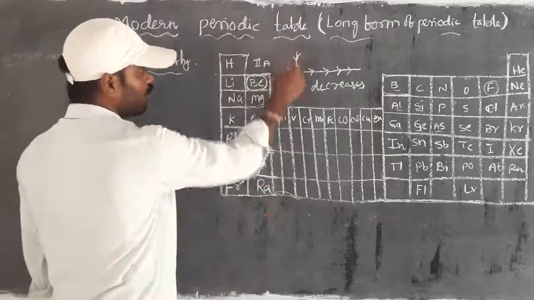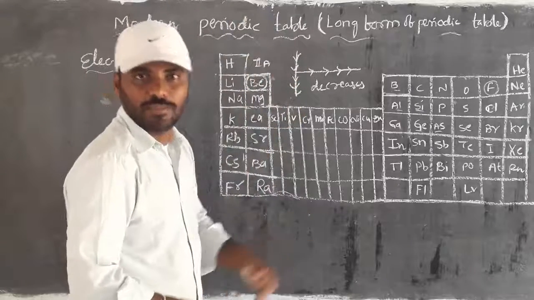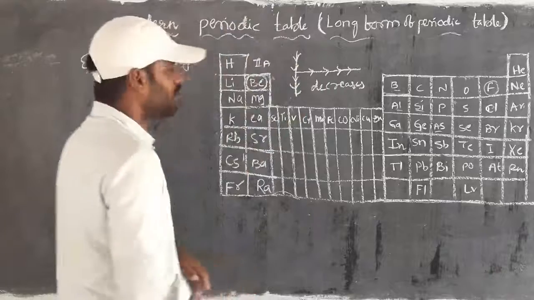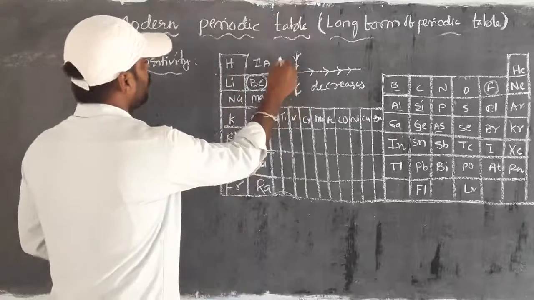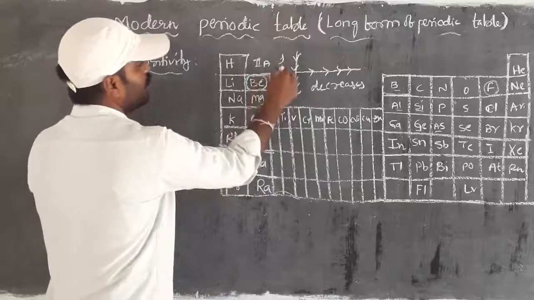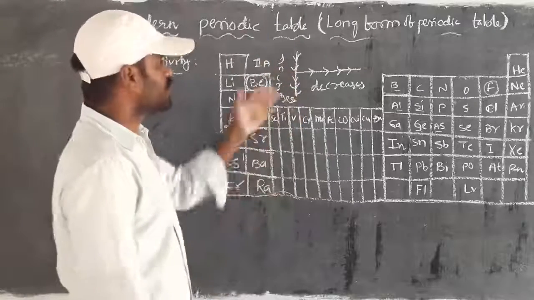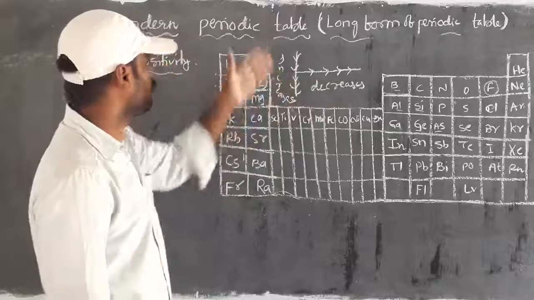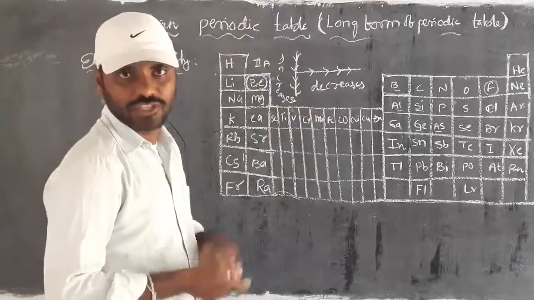Moving from top to bottom, the metallic character increases, as we already discussed, and when metallic character increases, electropositivity also increases. This is the variation of electropositivity across periods and groups.